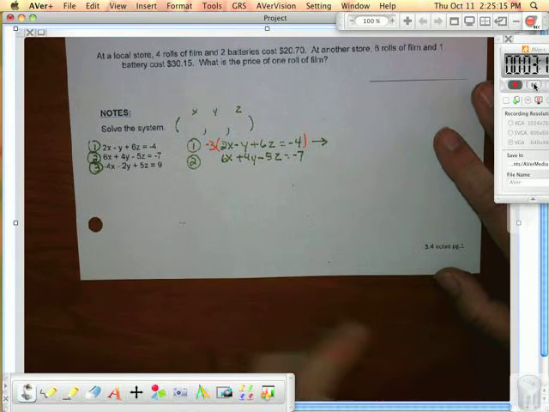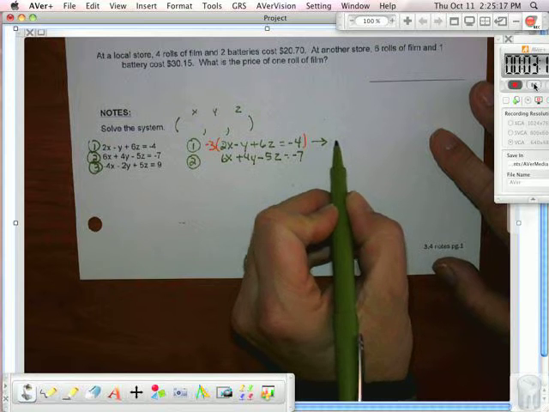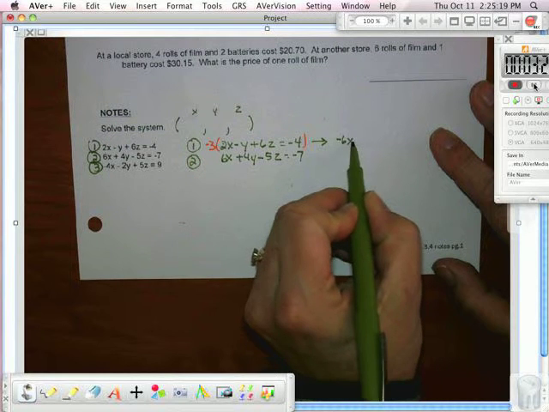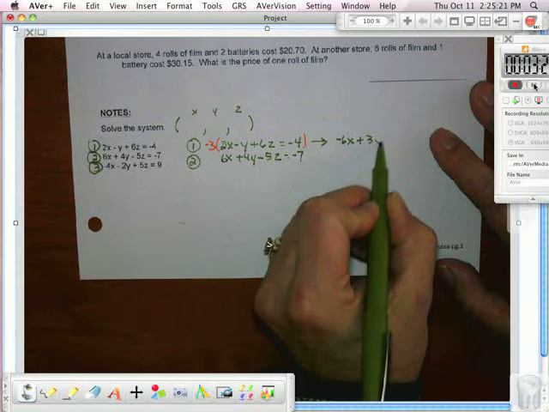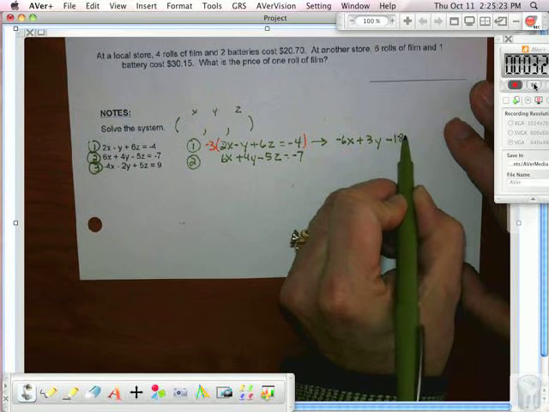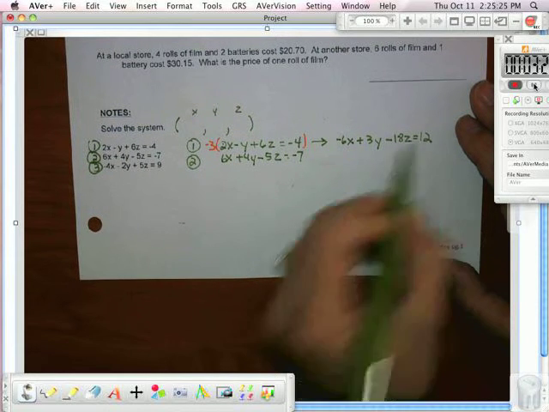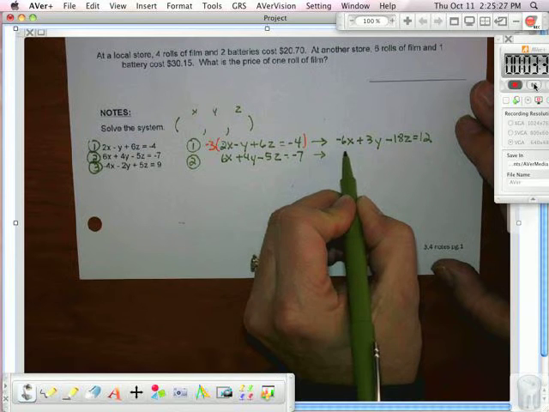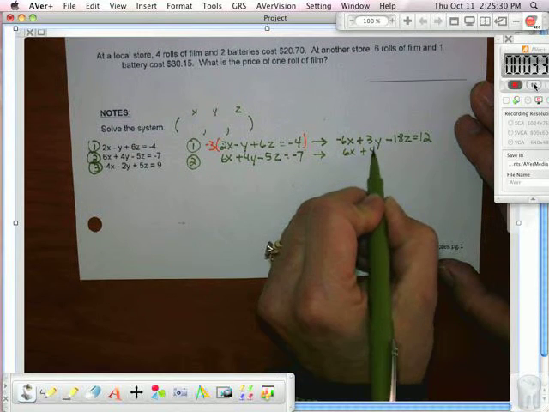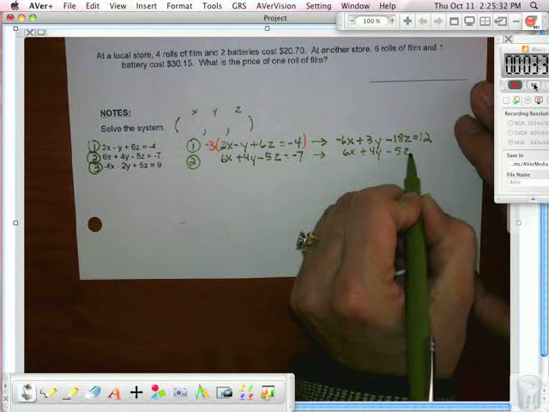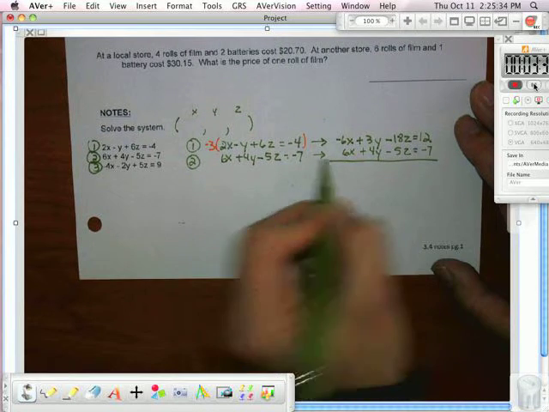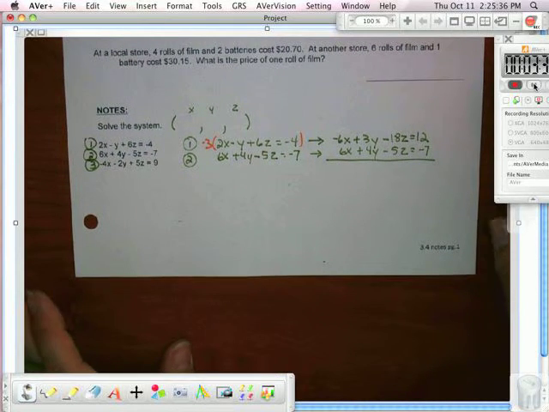I'm going to come over here and rewrite equation 1, and then I'm also going to rewrite equation 2. And then I'm going to eliminate x, because I can.